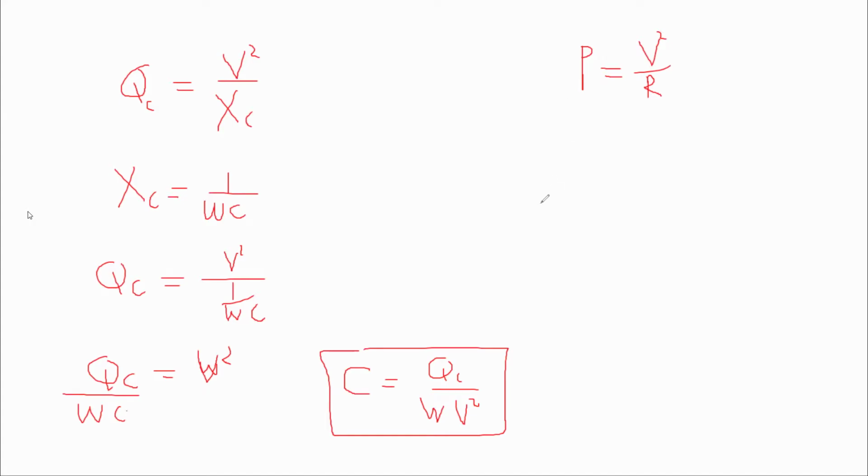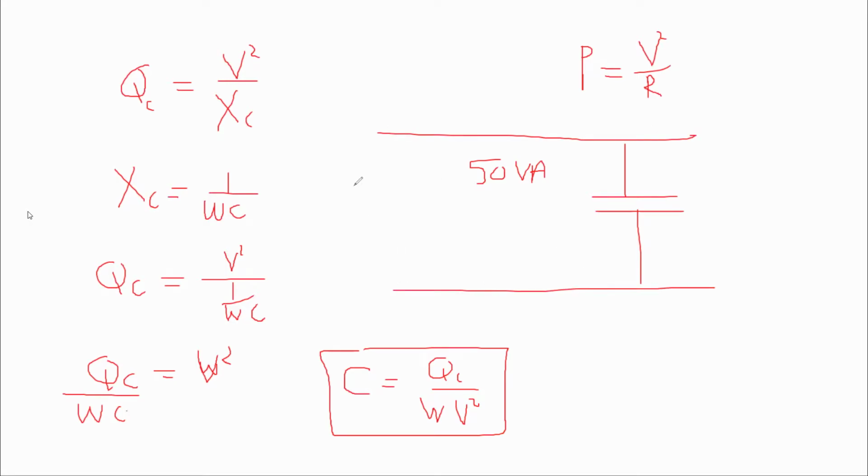So if I want the capacitor to give me 50 volt ampere reactive, and the voltage across the capacitor is 10 volt, and the frequency is 50 hertz, what is this capacitor?